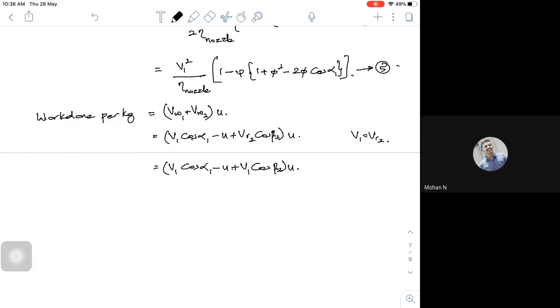What is your beta 2? I can write that also: beta 2 is equal to alpha 1.